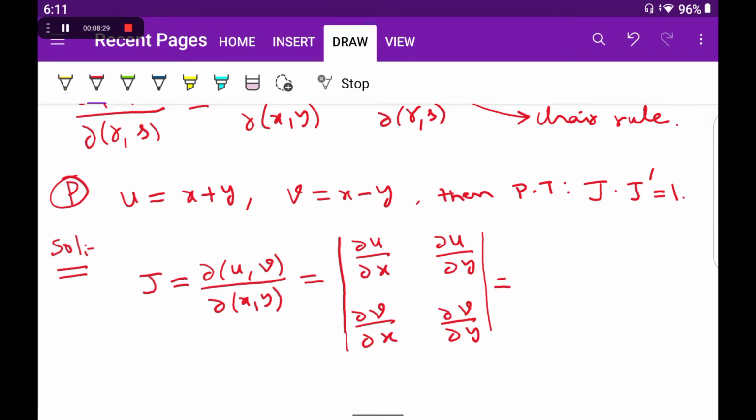So what is dou u by dou x? If you differentiate u with respect to x, what you get? The derivative of x with respect to x is 1. Derivative of y with respect to x is 0, because it is independent of x. This is partial differentiation, right?